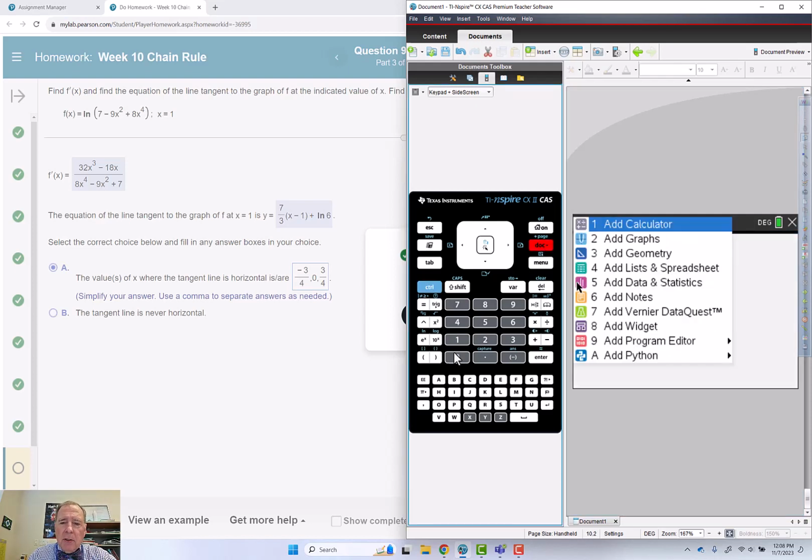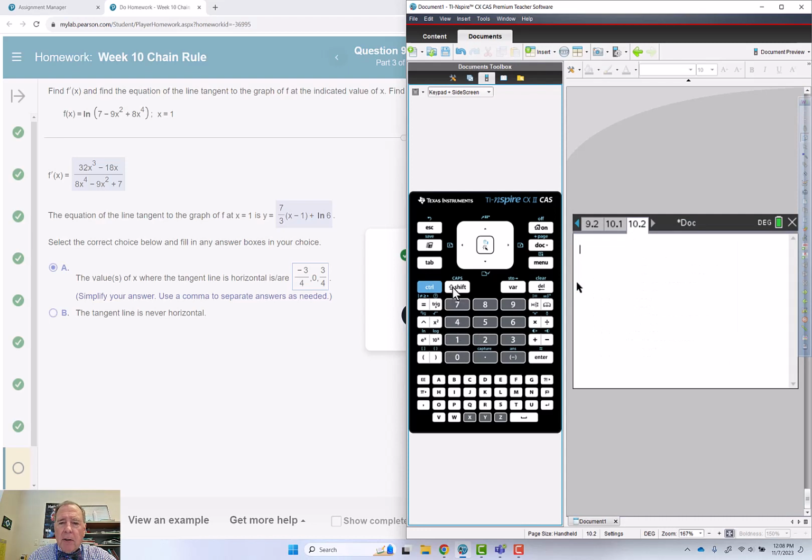Control plus page, we want a graph page or calculator page. Shift minus for derivative, x is the variable, f1 of x. And then I'm going to evaluate that at x equals 1. 7/3 is my slope. Original function at x equals 1.